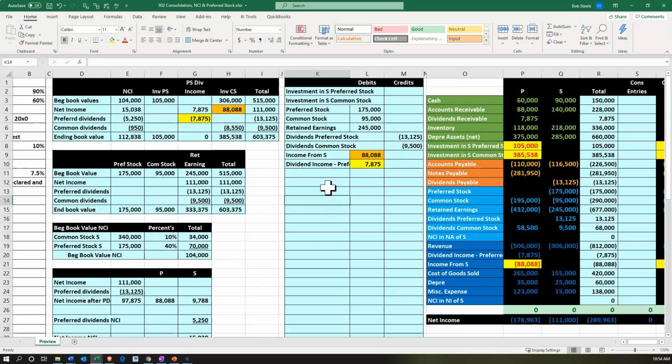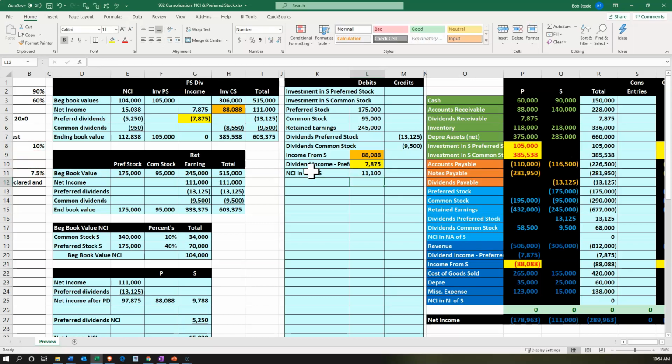Okay, and then the next item that we typically deal with is the net non-controlling interest. So let's go down to the non-controlling interest of S. And normally this one would be a debit of that 111,000 times the non-controlling interest percent, which would be the 10%.